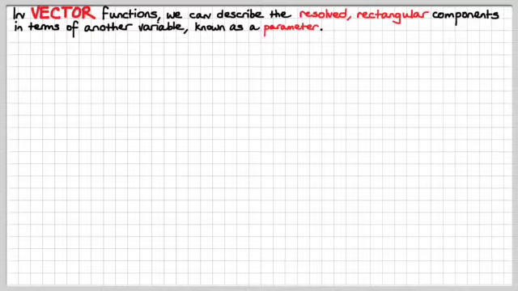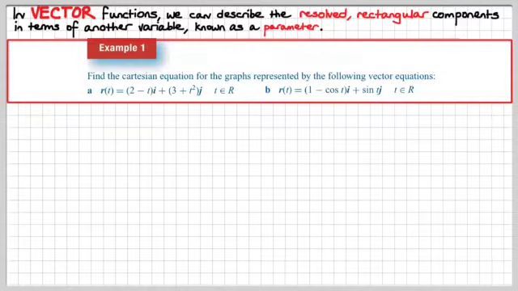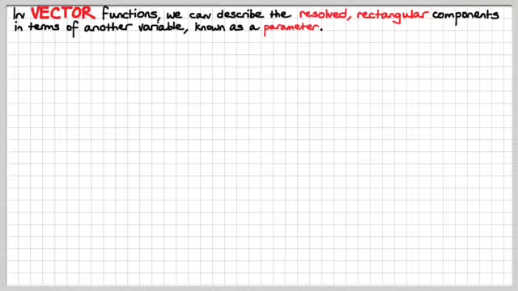In vector functions, yes, we can describe the resolved rectangular components x and y in terms of another independent variable known as a parameter. Now, this is an example, but before I do that example, I'll take it away again. I want to say to you this: it's very, very important to use either the implied or the stated values of that parameter to work out the possible values, firstly of x and secondly of y, because in so doing that, very often it will be revealed to us through that process that we're ending up with restricted domains in our functions.